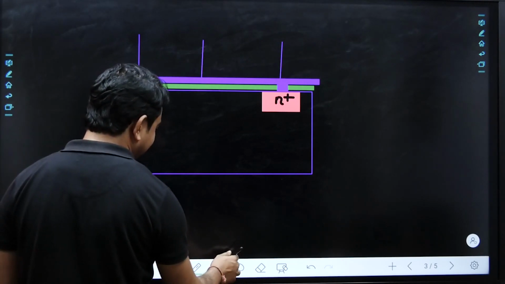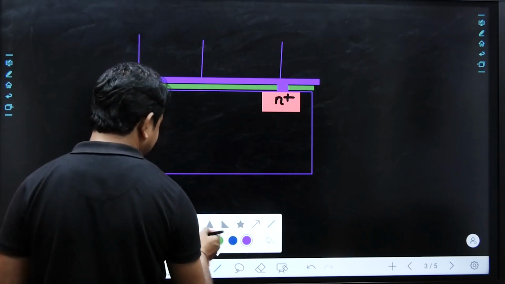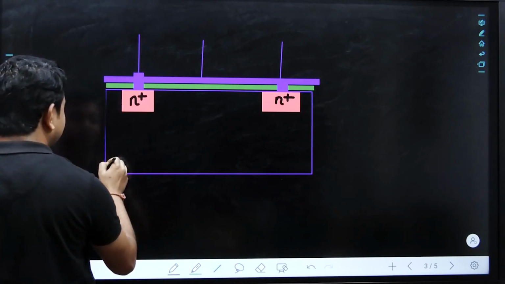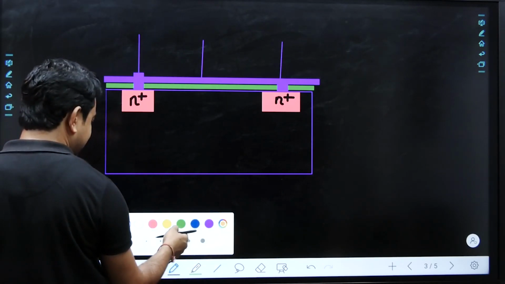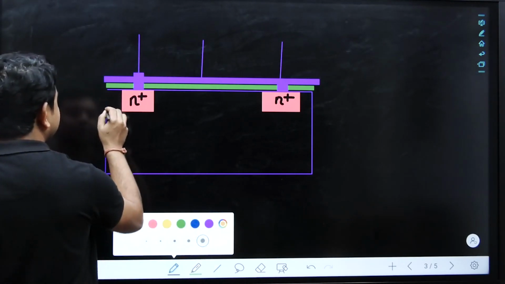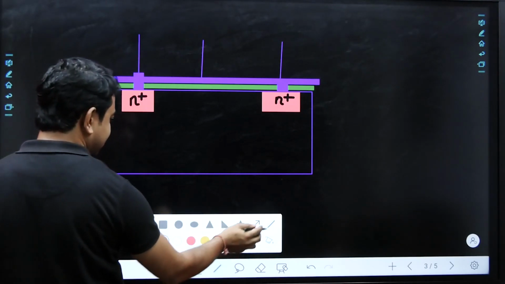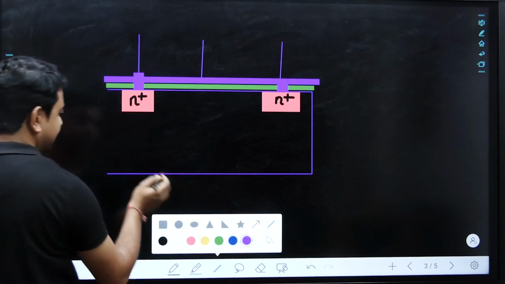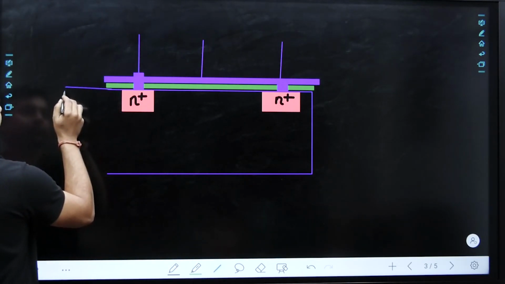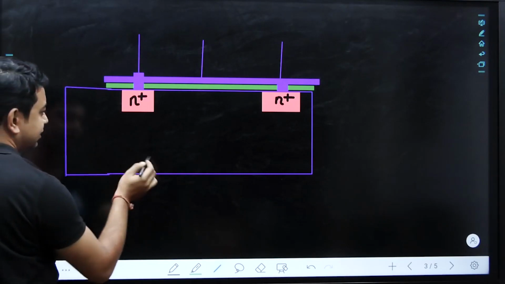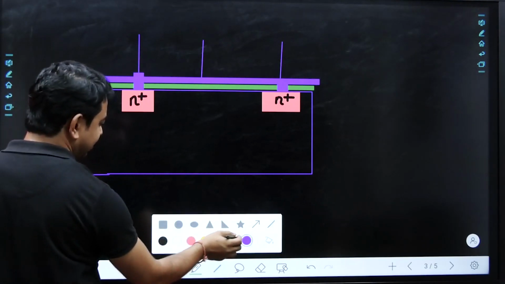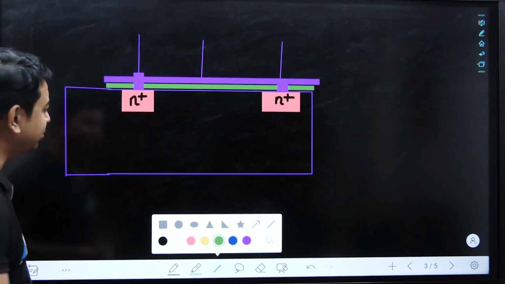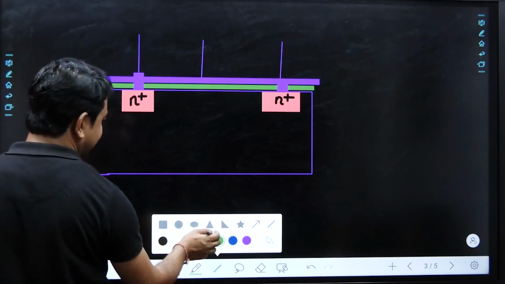And if you are not having the body terminal, then we can make a body terminal also. If we increase the size somehow more like this, just wait a second, I will increase this one because I have made it very small. Like this, this is the semiconductor, and I want to make a contact, but for making an ohmic contact we need to have a heavily doped region.